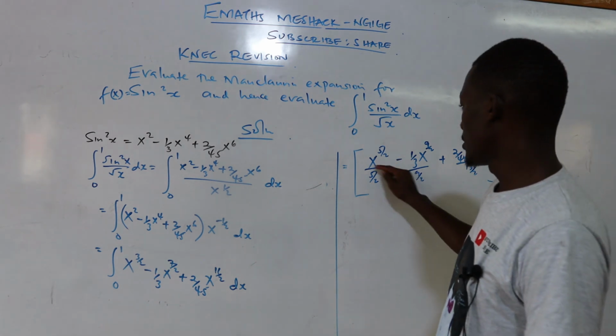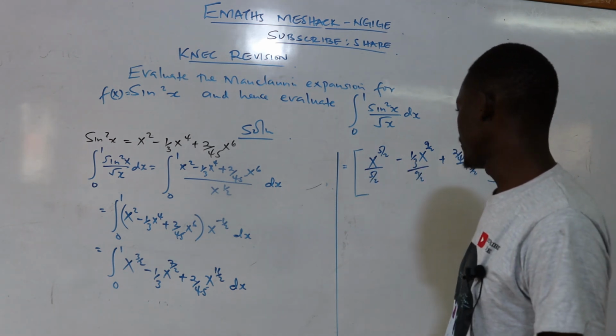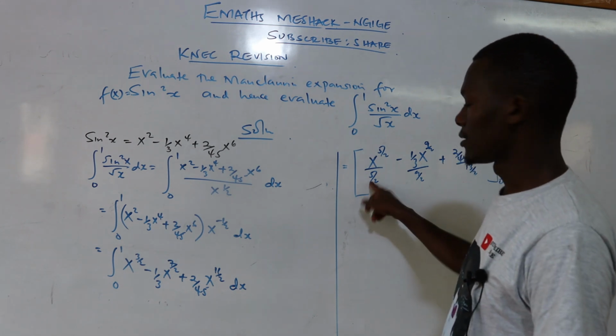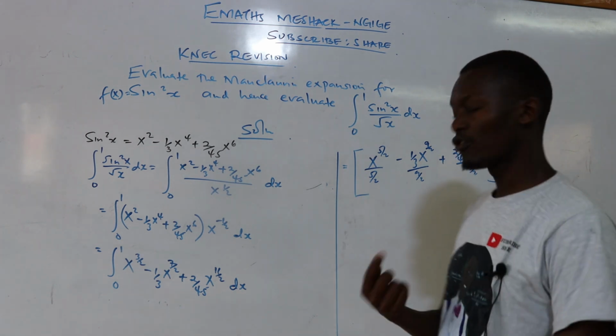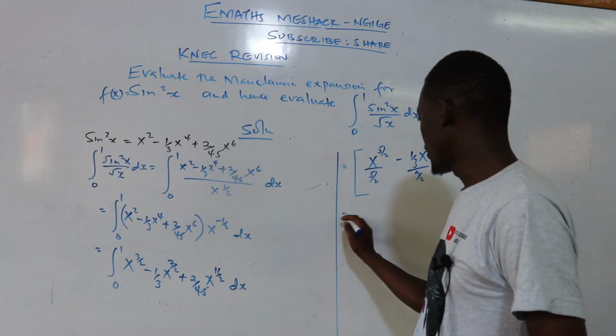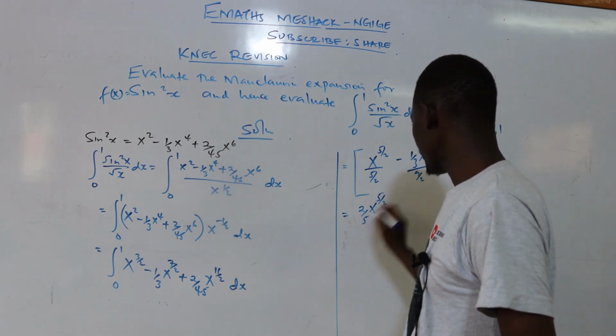Now, since these are fractions, we can always reciprocate this term here. 1 divided by 5 over 2 is the same as 2 over 5, right? These are simple algebra, so we shall have 2 over 5 x to the power 5 over 2.